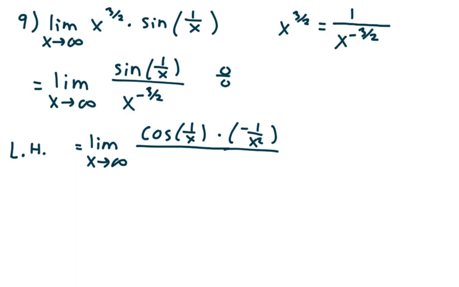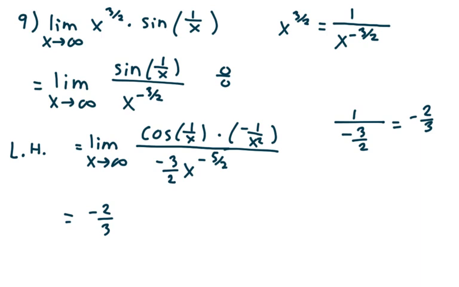In the denominator, we get negative 3 halves x to the negative 5 halves. Now, 1 over negative 3 halves is negative 2/3. So I'm going to pull negative 2/3 out in front of the limit.